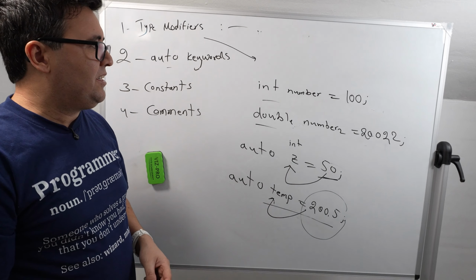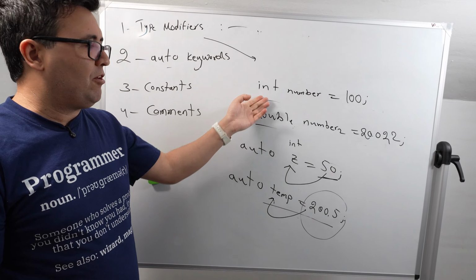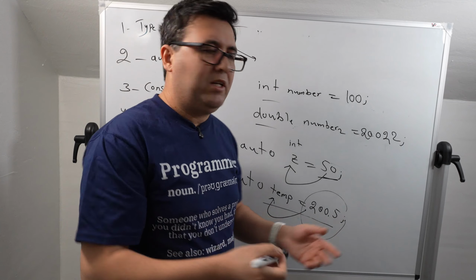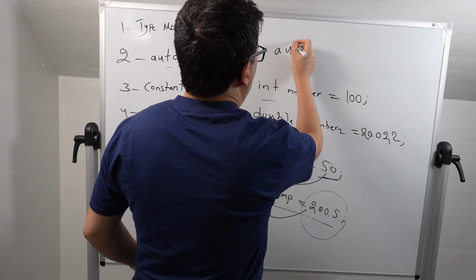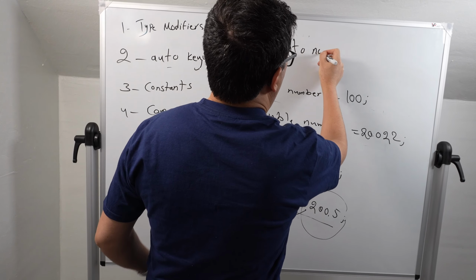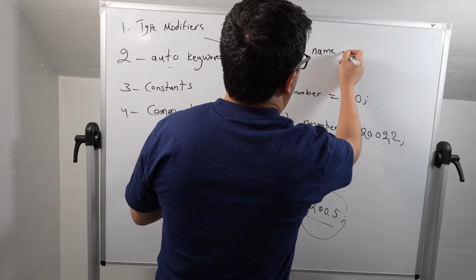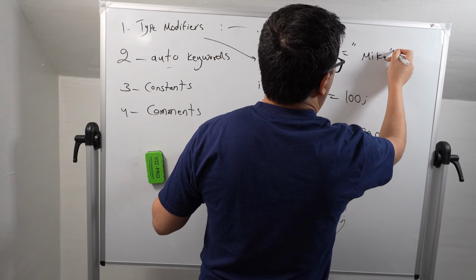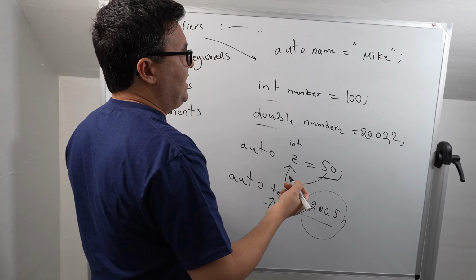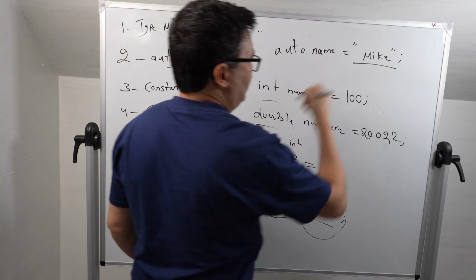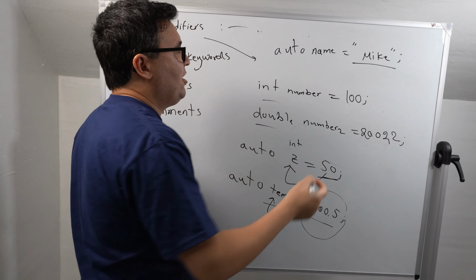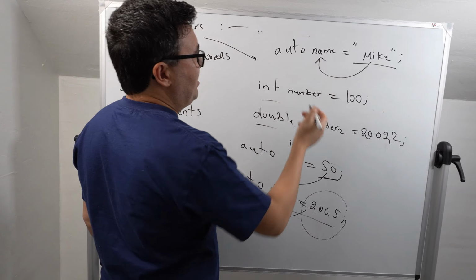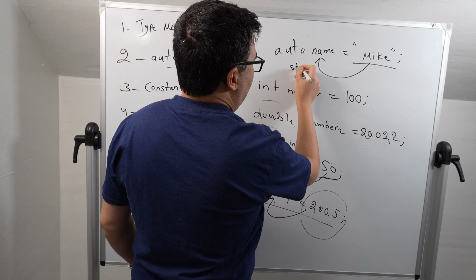So it means you don't need to put int, float or double in front of a variable anymore. You can use auto, like auto name equal to Mike. Now when the compiler sees the value of this variable is a string, or text, it automatically defines the type for this variable as string.